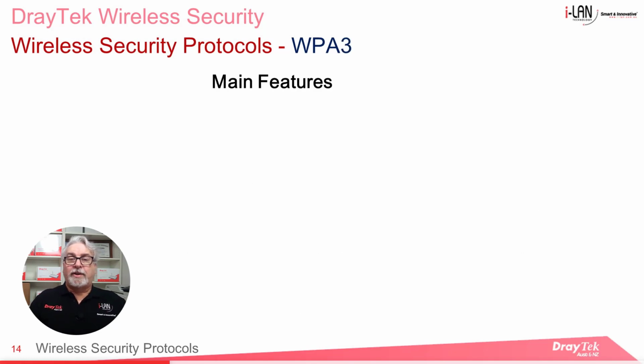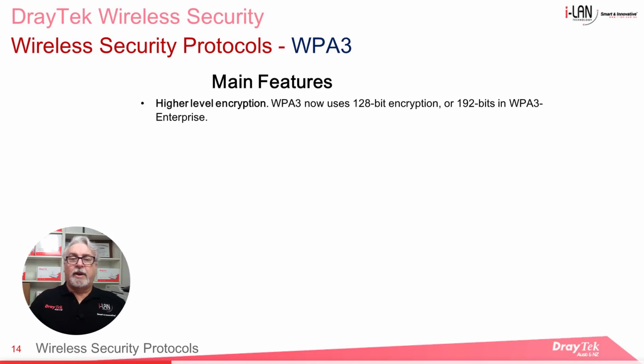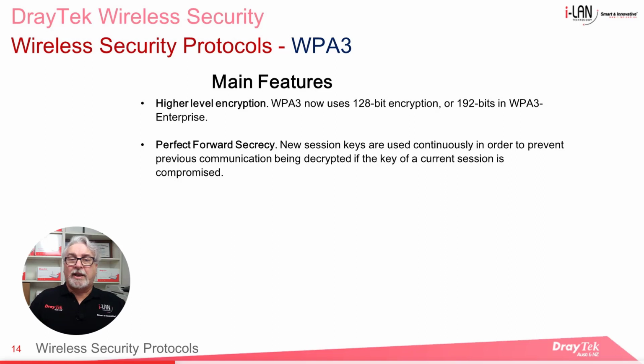There are a number of features available in WPA3 which includes higher level encryption. WPA3 now uses 128-bit encryption or 192 bits in WPA3 Enterprise. Perfect forward secrecy is used where new session keys are continuously used to prevent previous communications being decrypted if the key of a current session is compromised.